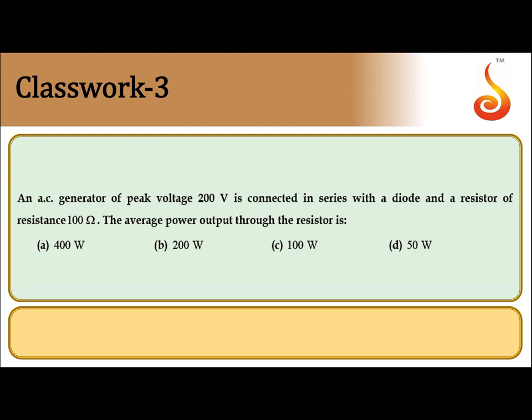Next one. An AC generator of peak voltage 200 volt is connected in series with a diode and a resistor of resistance 100 ohm. The average power output through the resistor is.